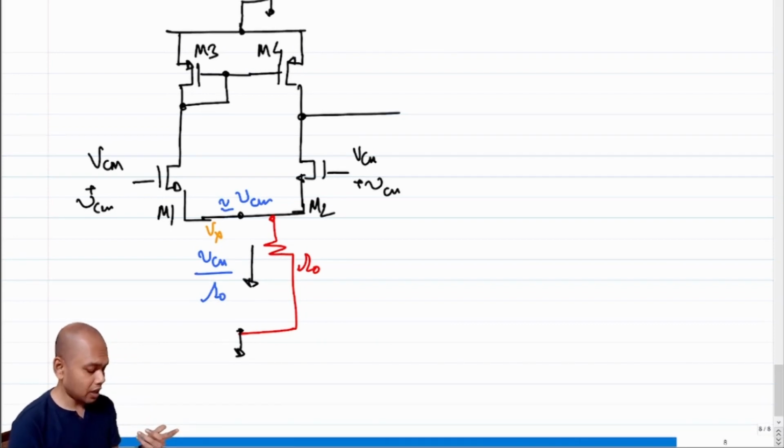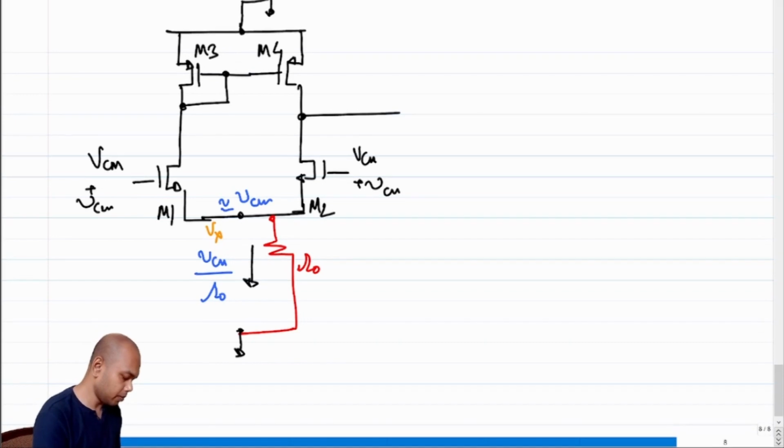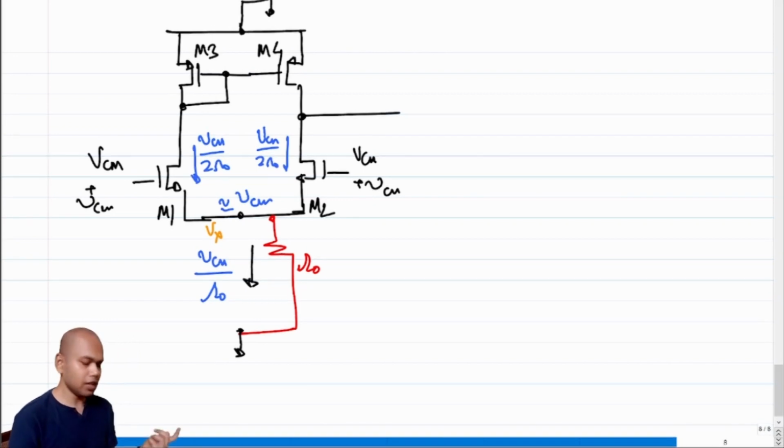So where will this current flow once it reaches that node Vx? It will get split into two branches equally. So this will be VCM over 2 R0, and this will also be VCM over 2 R0. Now note why we are doing this: we are trying to find out the common mode gain of this architecture.